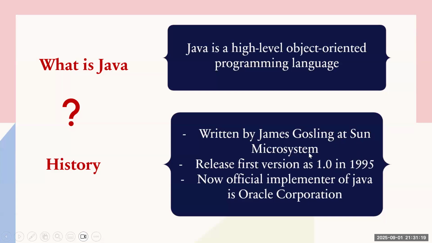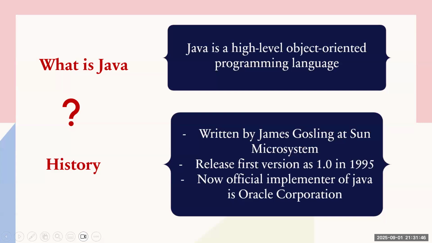But later, Oracle Corporation took over Sun Microsystems. Now Sun Microsystems is a child company of Oracle Corporation. Oracle Corporation bought Sun Microsystems, and Sun Microsystems was having Java, so officially it goes to Oracle Corporation now. Now, who is the official implementer of Java?